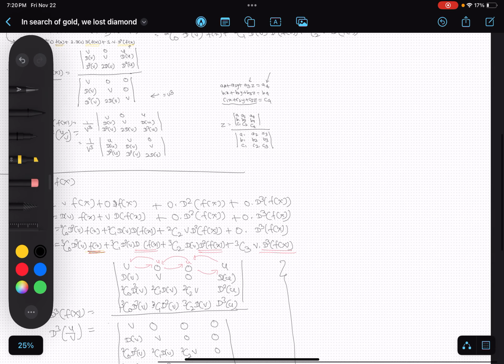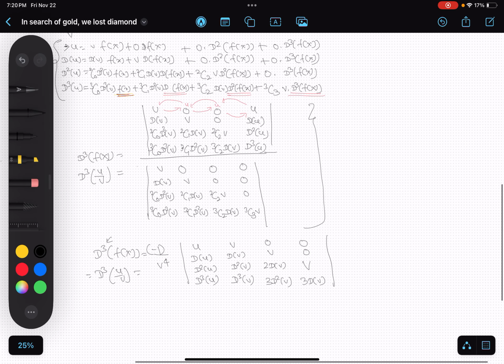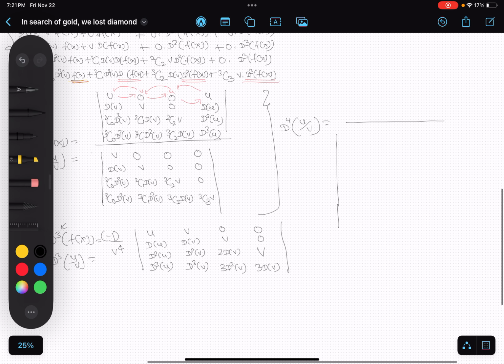Okay, now let's try to find the fourth derivative. This will be pretty simple. It is pretty much the same. So the fourth derivative of u by b will be, first of all, let's try the denominator. This will just be b and then four zeros, and then dv, b, 0, 0, 0, and then 2c0 d square b, 2c1 db, 2c2 b, 0, 0.